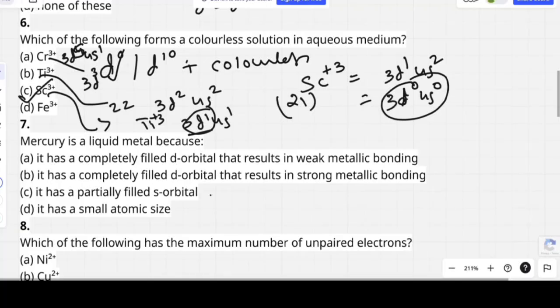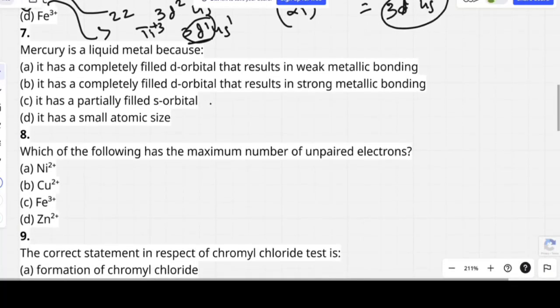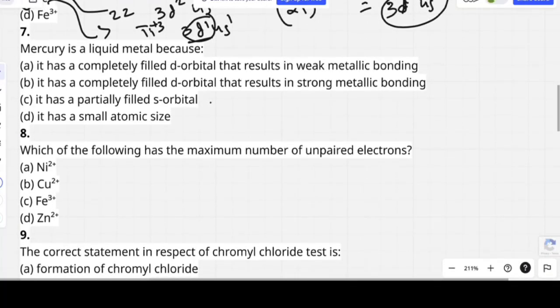Next I move to question number 7. Mercury is a liquid metal because metallic character depends on the number of unpaired d electrons. If the number of unpaired d electrons increases, metallic character increases. But mercury has a completely filled electronic configuration, d10.